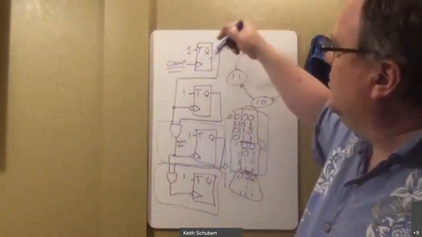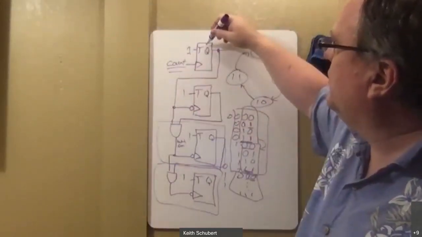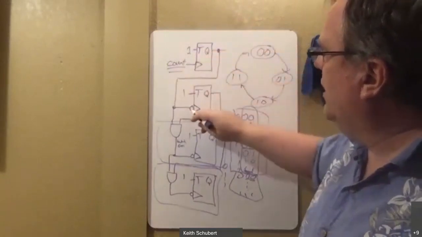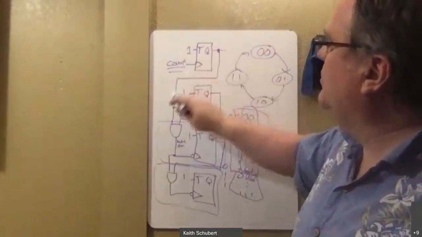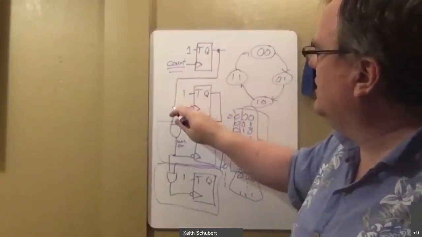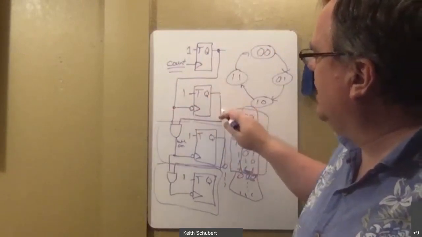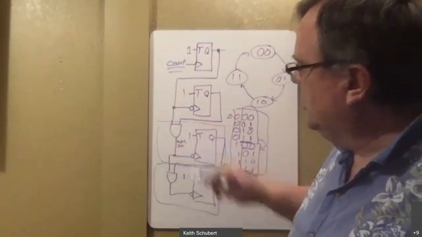Let's go in there. To get to this point here from that count, it's got to go through this flip-flop. It's got to go down this wire to the next one, right? So there's a time delay of one flip-flop or one stage. So this costs one stage to get to here. It's got to go through that same flip-flop and an AND gate to get to here to give the next clock.